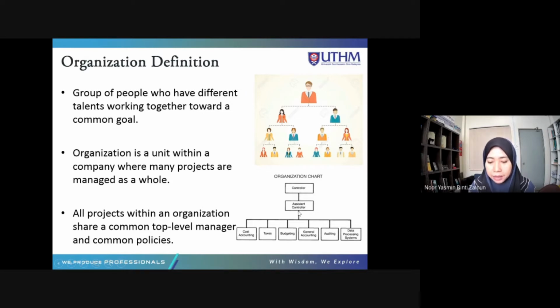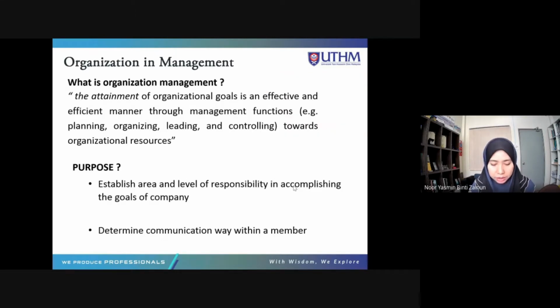So we have one top level manager, and the people below the controller have common policies that are designed by the controller. So the process of organizing, planning, leading, and controlling resources within an entity with the overall aim of achieving its objective. So that is the organization.